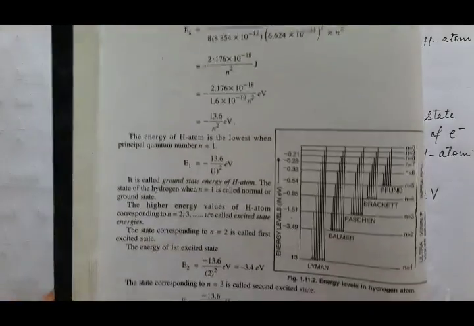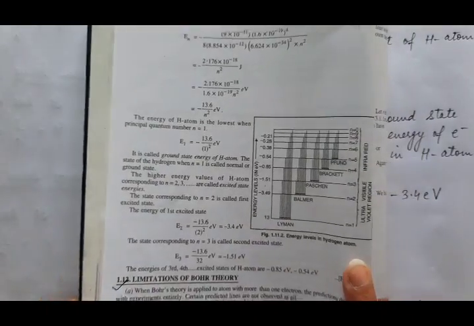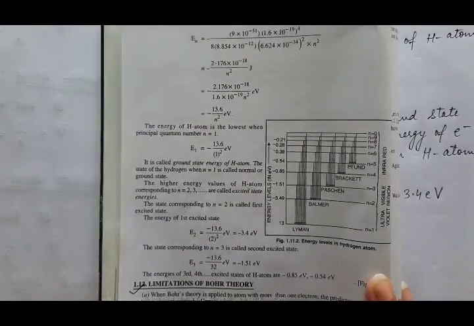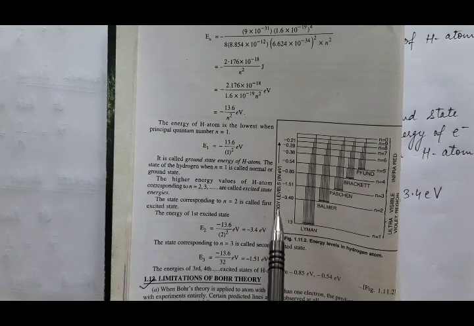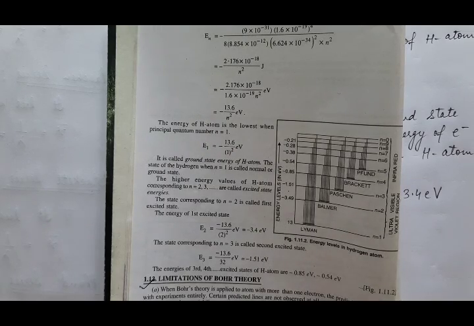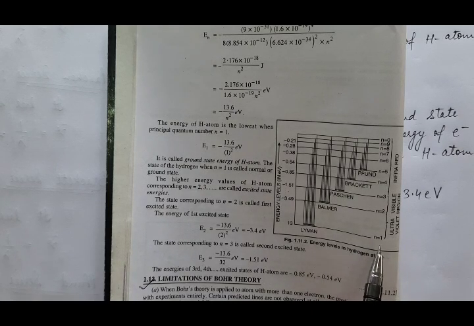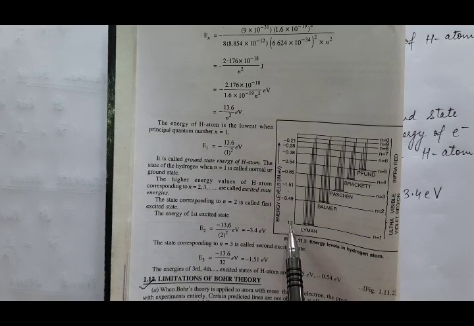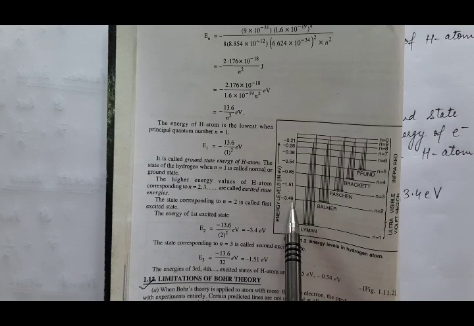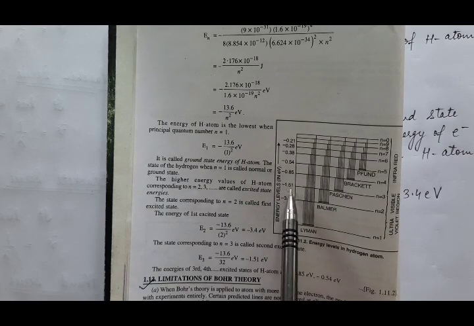And this is one diagram which we have to draw. Here you can see on the y-axis we have energy levels, and along the x-axis we have the value of the principal quantum number. Corresponding to principal quantum number N equal to 1, the energy is minus 13.6. Then corresponding to N equal to 2, this is the energy.